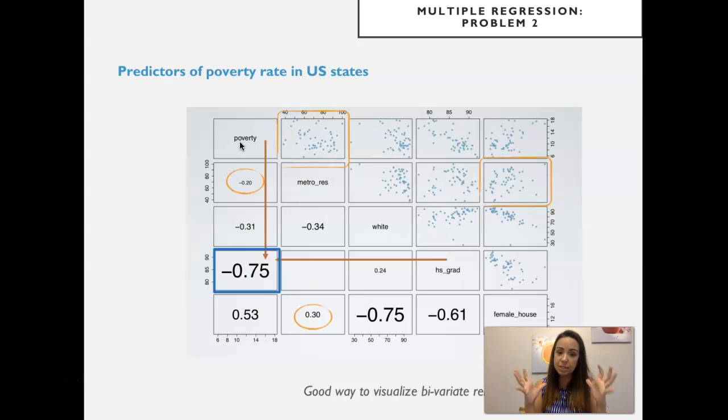If you have a large percentage of those households, what does poverty look like in that state? And we can explore this by quickly looking at how these relate here. So you can see that if you have more households where the female is the sole breadwinner, you have more poverty than in states that have a smaller percentage of females that are heads of household, right?